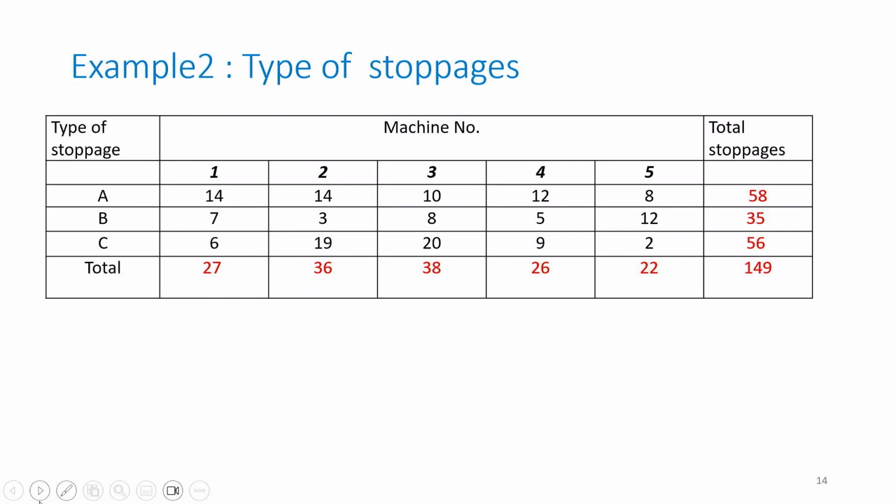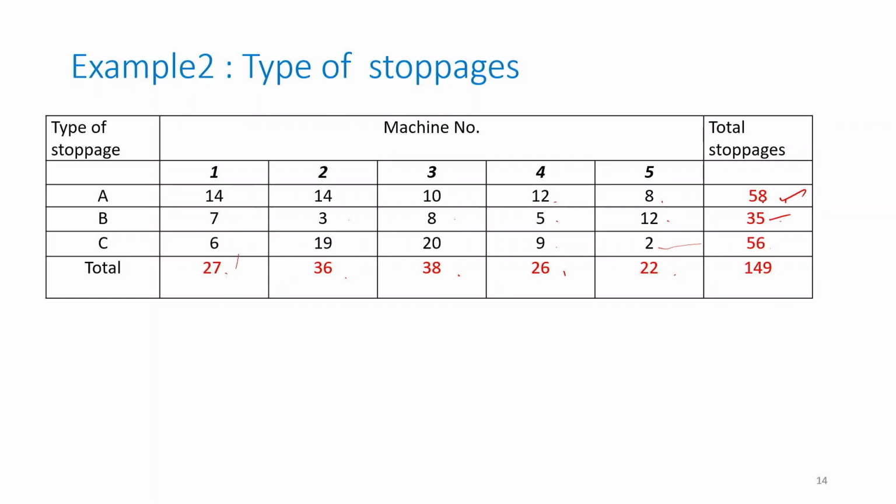We find out what is the total. So column total and row total you have to find out first. If you go like this, 14 plus 14 plus 10 plus 12 plus 8, it will give you a figure 58. Similarly, 7 plus 3 plus 8 plus 5 plus 12 will give you 35. 6 plus 9 plus 20 plus 9 plus 2 will be 56. You repeat the same thing column wise also. So this will give you 27, 36, 38, 26, 22.